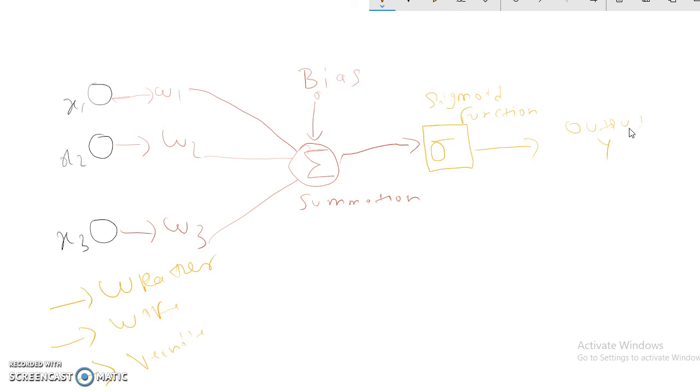Okay, so let me show you with some function. This one is the beer mug. Now we have three parameters.